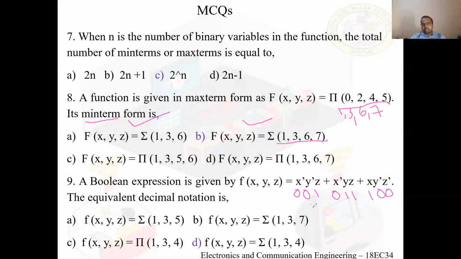It is nothing but this is 1, this is 3, and this is 4. You should look for the summation. One option is left out here. Out of these four, the correct one, where you can see these numbers 1, 3, and 4, is option number 4.